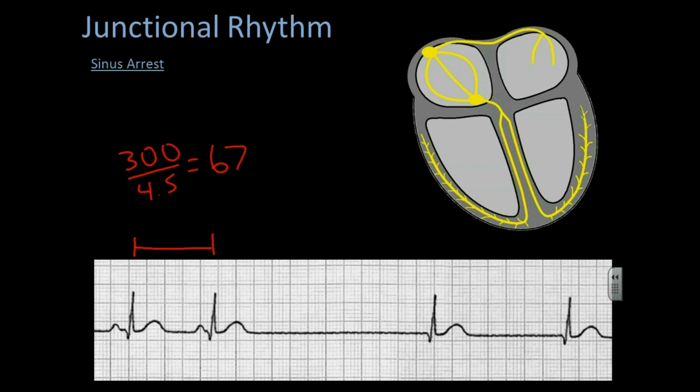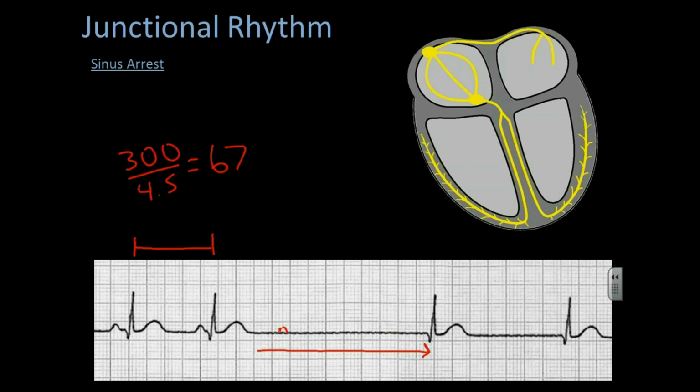But then, where I would expect to see another P wave, about here, there's nothing. So the SA node fails to pace. And as a result, you are in sinus arrest until the AV node paces the heart.